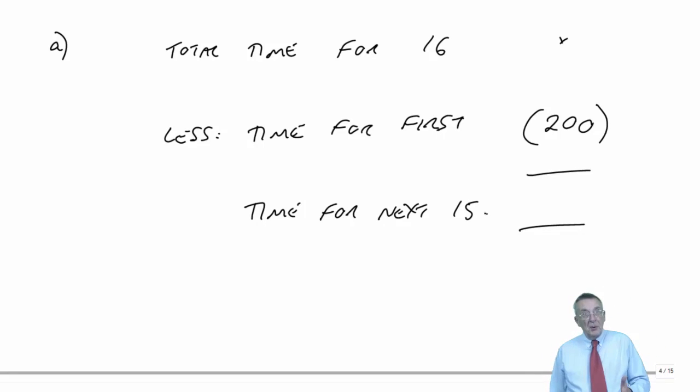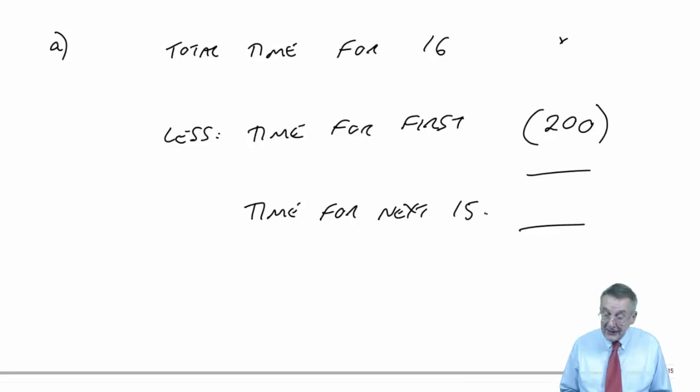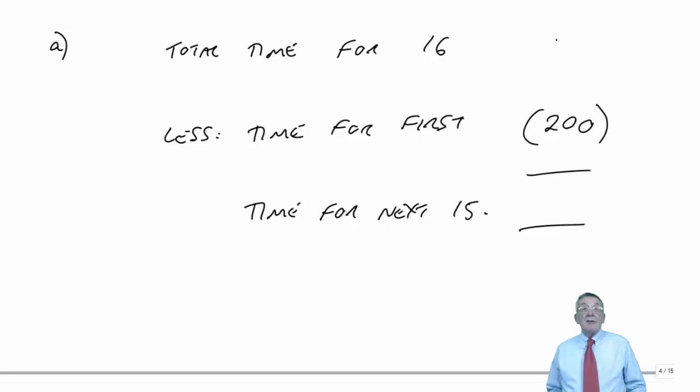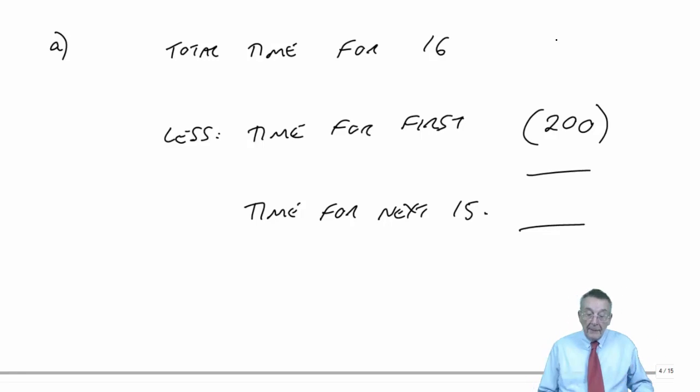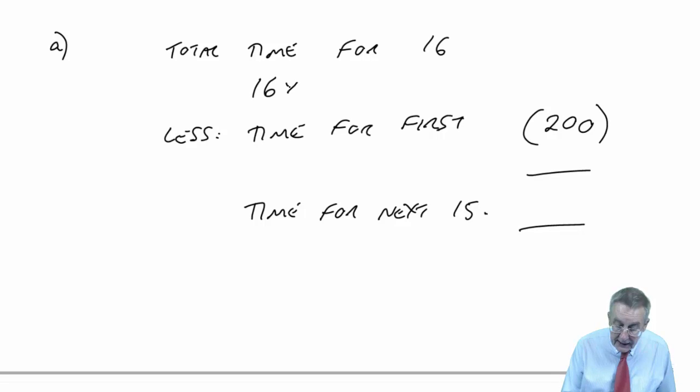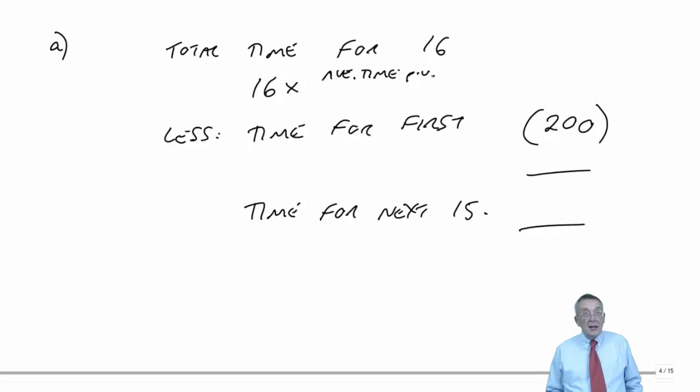So if you're going to pause now. I'll assume you did and you've restarted, so I'll do what you can check. Total time for 16. Learning rule only gives us the average time. So the total time will be 16 times the average time. And because it's doubling, as I said, we can get the average time.